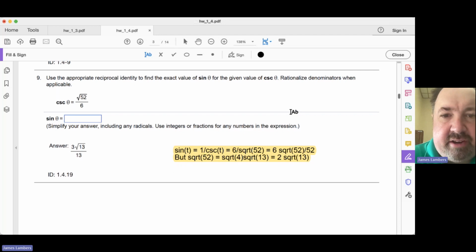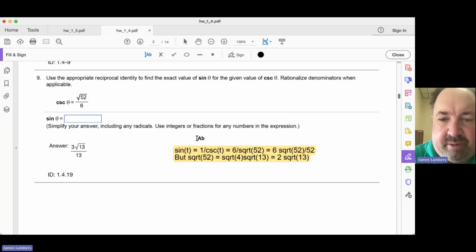Okay, here again, we're using a reciprocal identity. The work involved in this problem deals with rationalizing the denominator. So you're given a cosecant of an angle. Earlier we used the fact that cosecant is 1 over sine. Well, reciprocal identities go the other way too, so sine is 1 over cosecant.